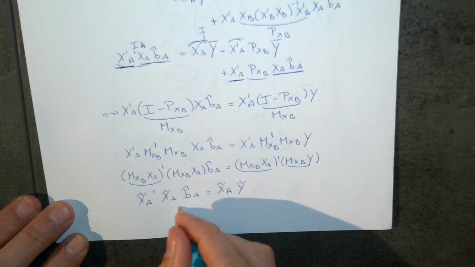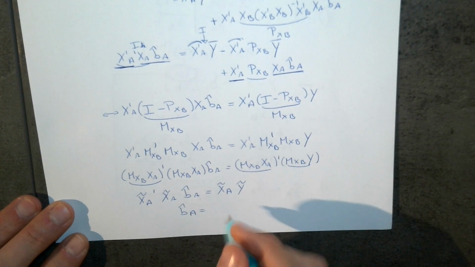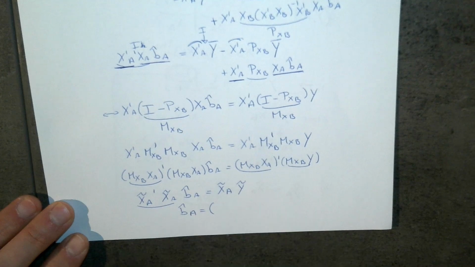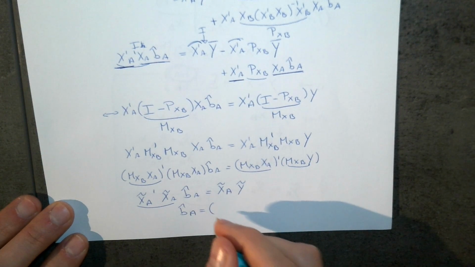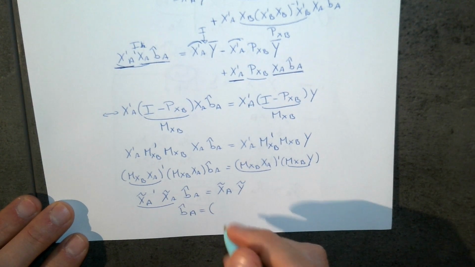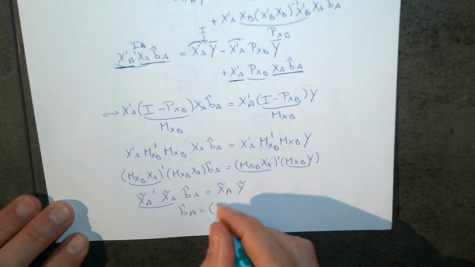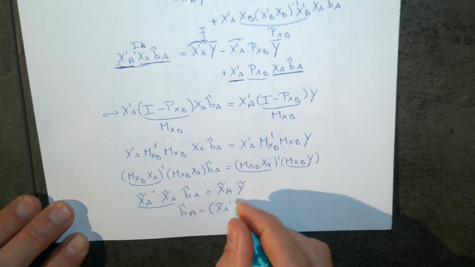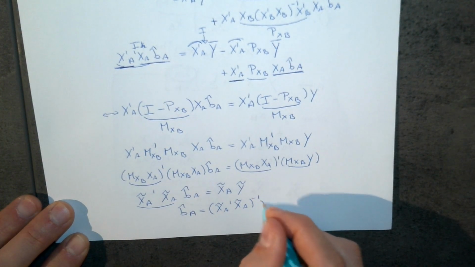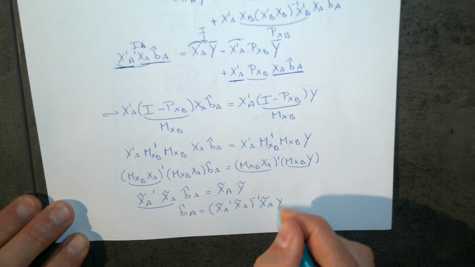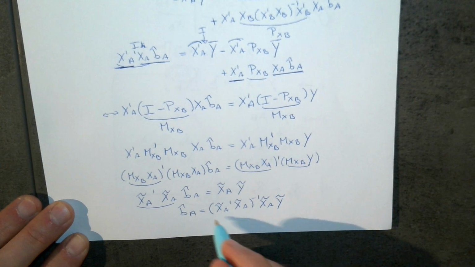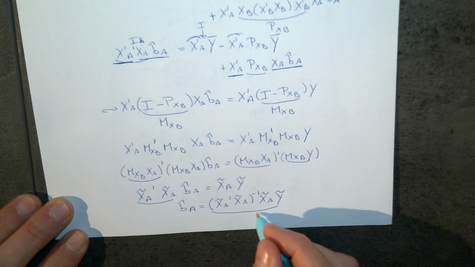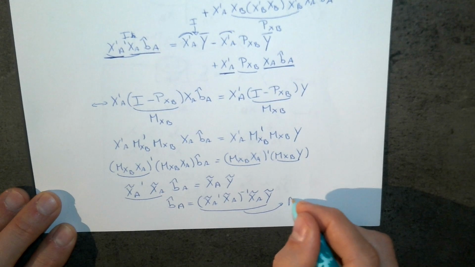Alright, so in the end I get b hat a. If I invert by the inverse of x tilde a prime x tilde a, I get x tilde a prime x tilde a inverse x tilde a prime y tilde. And this here, you recall, is my beta hat a.